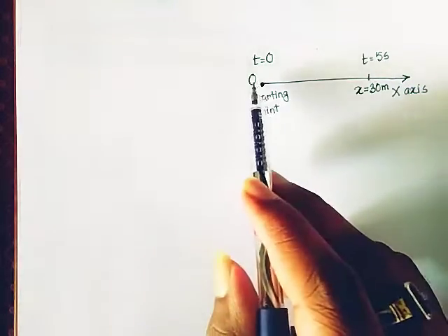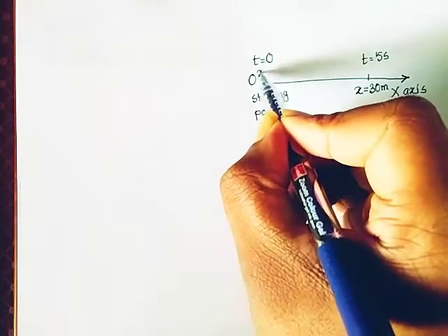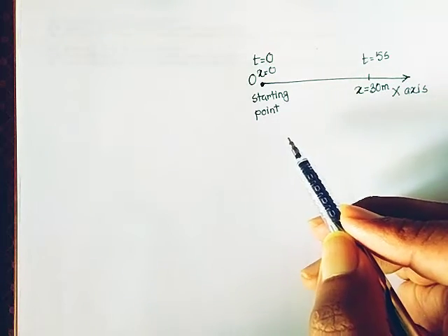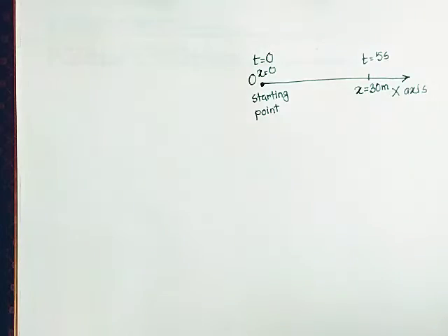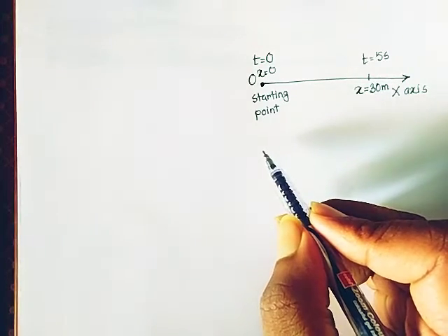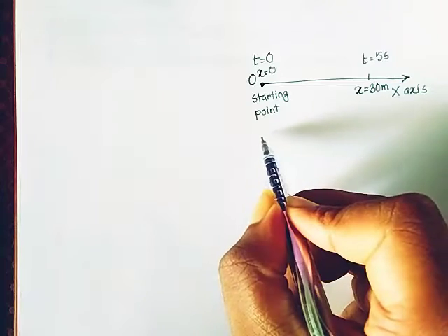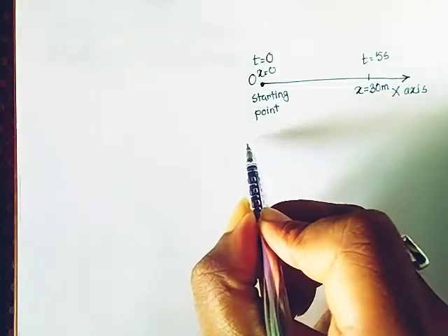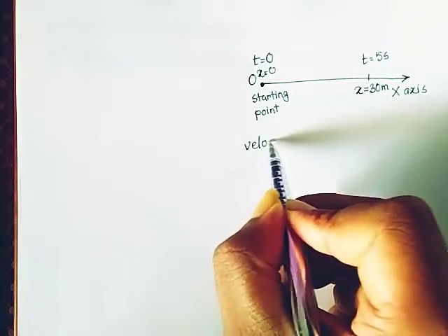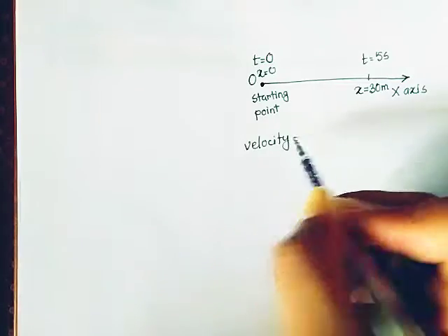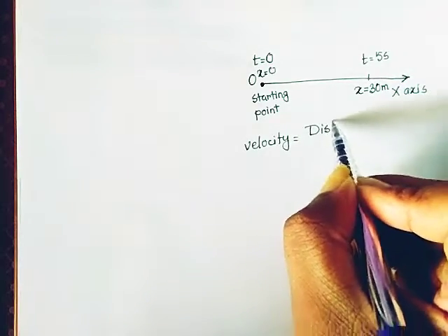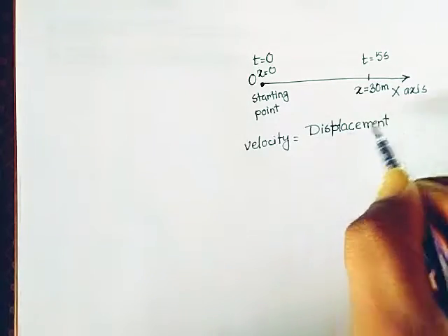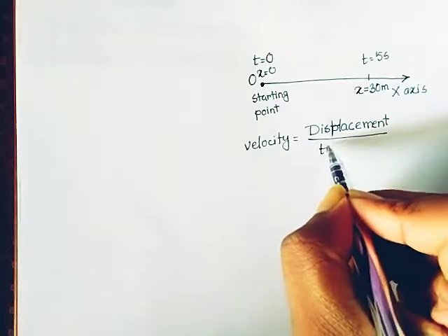So not only the position, but with the change in position, time is also associated with it. So if I want to put the time and define a dynamical quantity that the time is associated with, that is velocity, which is defined as displacement divided by time.